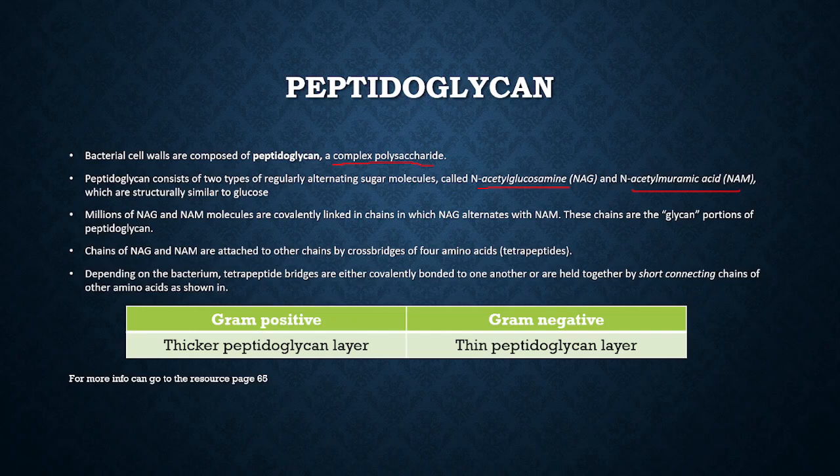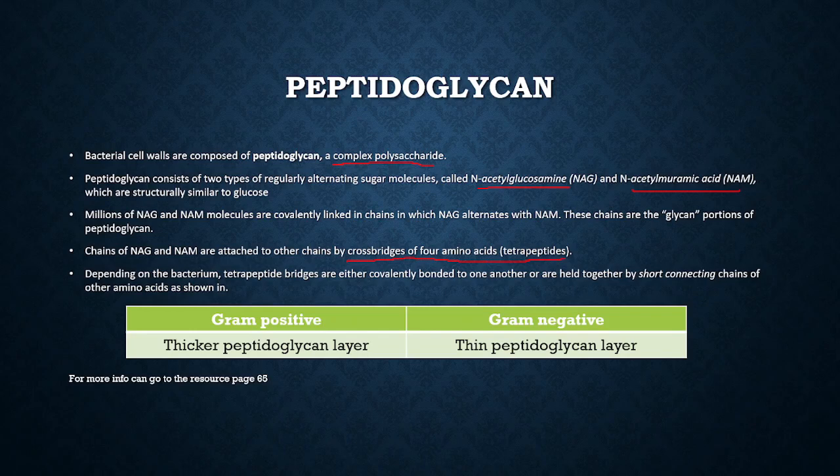They are linked together to form a chain. So it's NAG, and then it alternates with NAM, and that chain is going to be the glycan part of the peptidoglycan. They cross link or cross bridge, with 4 amino acids, so they're tetrapeptides.